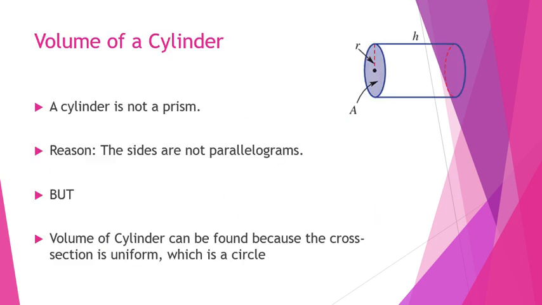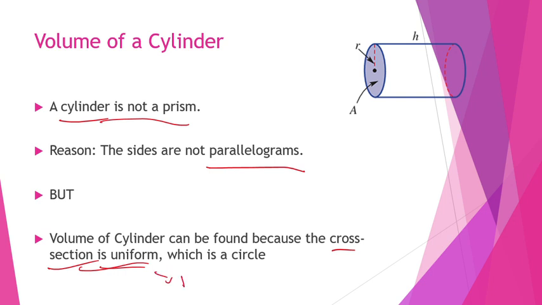Okay, let's go through volume of a cylinder. Now, we know a cylinder is not a prism, because a prism needs rectangular-ish sides, but the cylinder doesn't satisfy those conditions. But the thing with cylinders is that the area of the cross section is uniform.